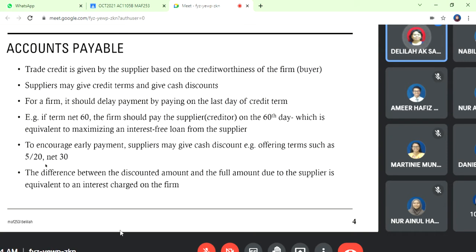The moment the supplier gives this type of term, 5% discount if you pay within 20 days, or else pay the full amount in 30 days, the financial manager has to decide what to do: pay early to take the discount, or wait until the last day to make the payment.